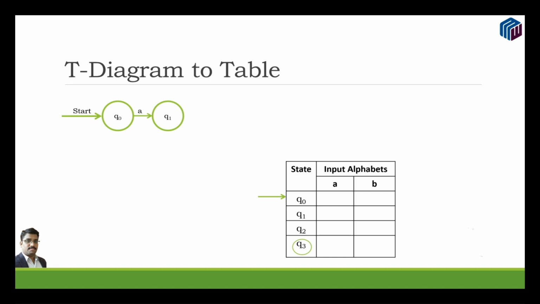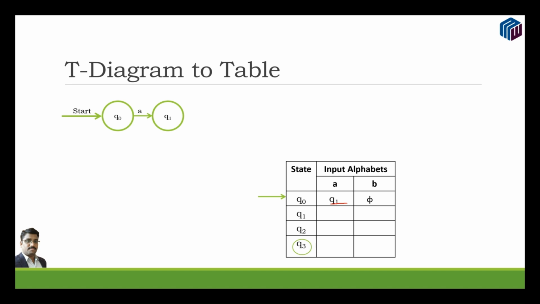So here we have to write Q1. There is no transition from Q0 on B, so we write phi. Clear?